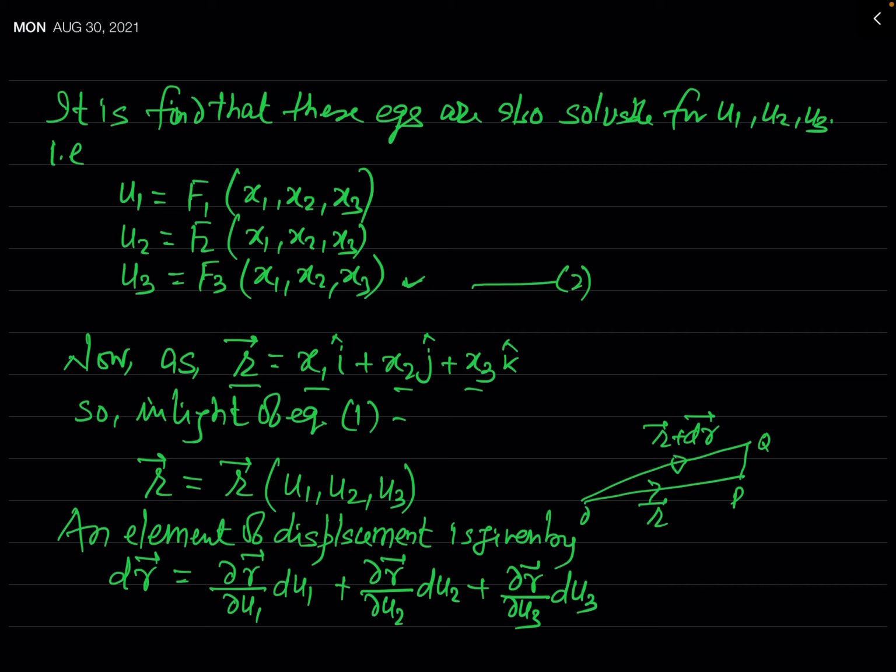And see this expression on the RHS. In compact form, it can be expressed by the use of the sign of summation. So this dr can be written as summation of del r by del ui dui, where i runs from 1 to 3.